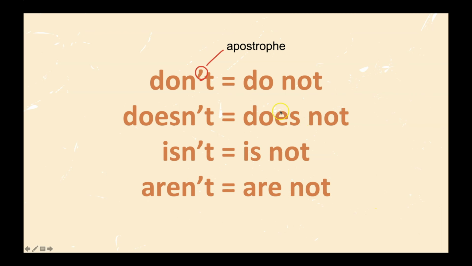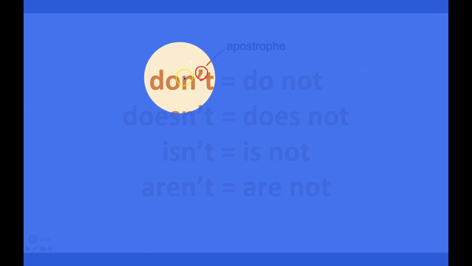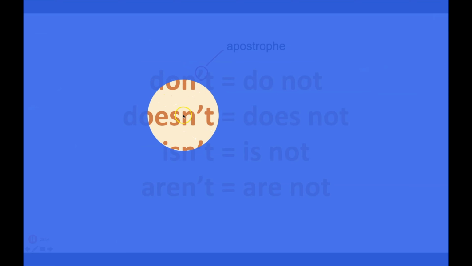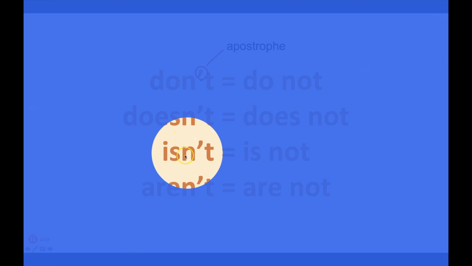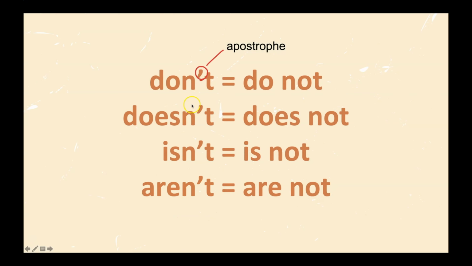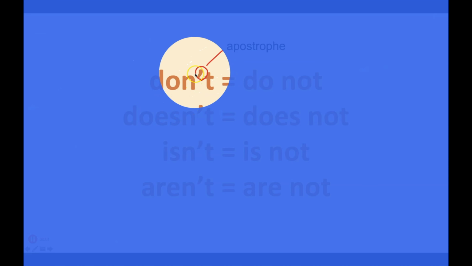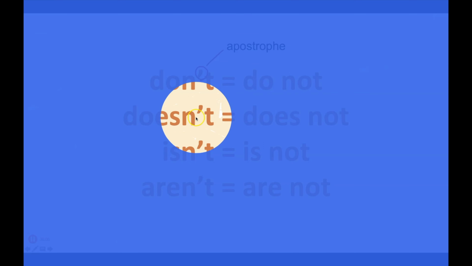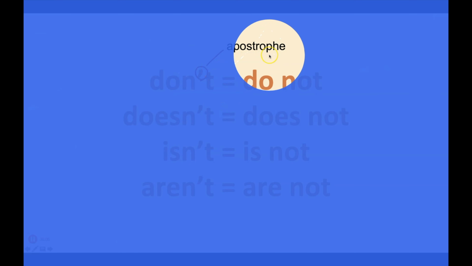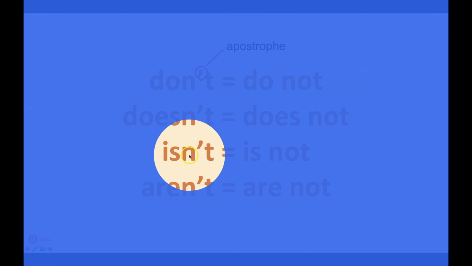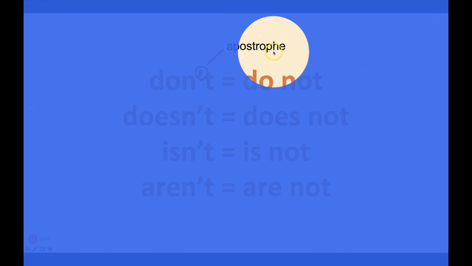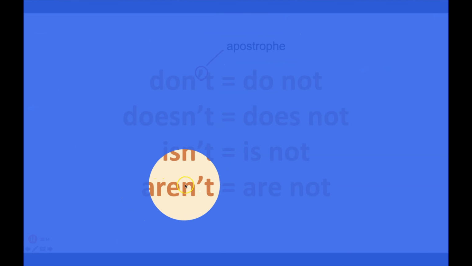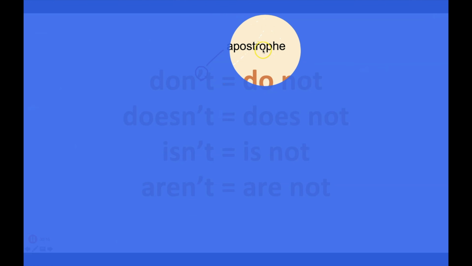Now on the chart, we saw don't, doesn't, isn't, and aren't. Don't has an apostrophe. Doesn't has an apostrophe. Isn't has an apostrophe. And aren't has an apostrophe.